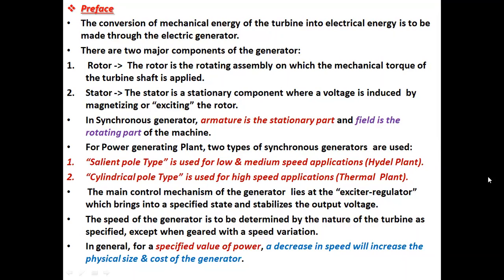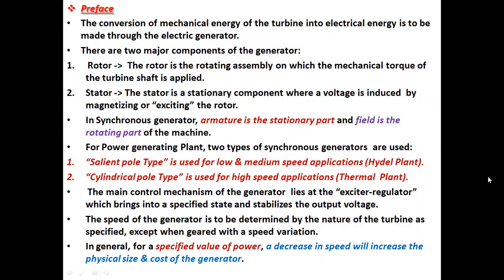The rotor is the rotating assembly on which mechanical torque of the turbine shaft is applied. Number 2, stator. The stator is a stationary component where a voltage is induced by magnetizing or exciting the rotor.